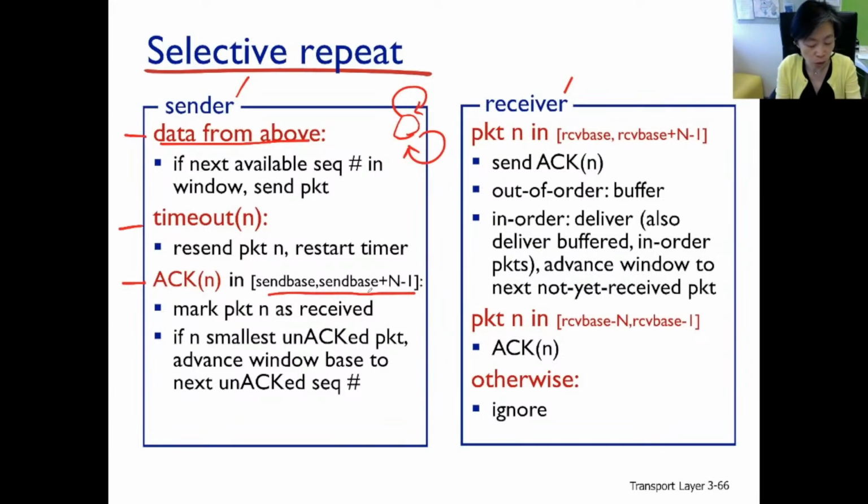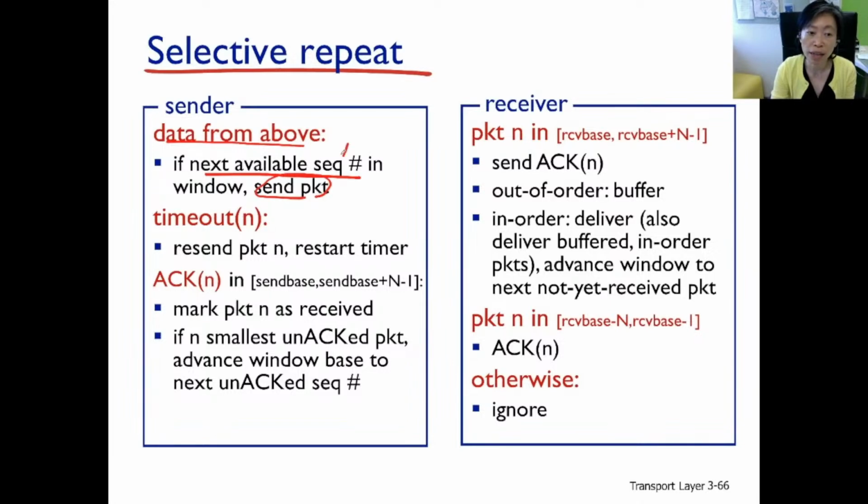So now let's go over the finite state machines of the sender and receiver. Sender side, when there's a call from above, if the next available sequence number is within the window, send the packet. And you know how to check whether the next available sequence number is in the window, right? The next sequence number should be less than base plus n.